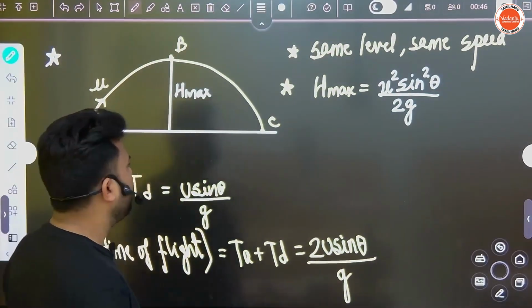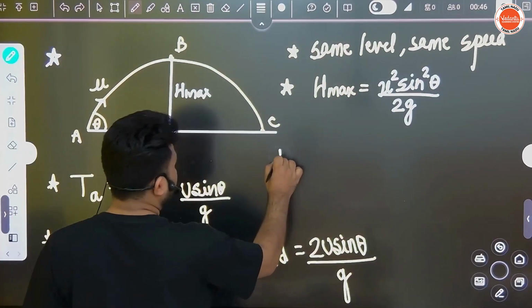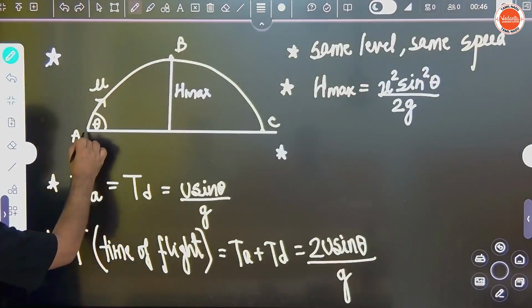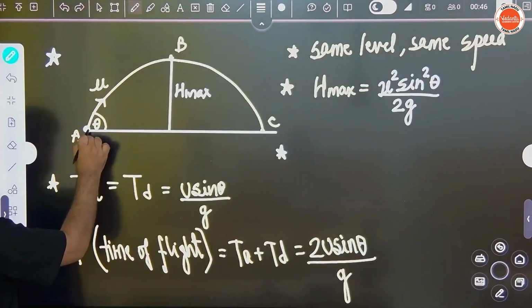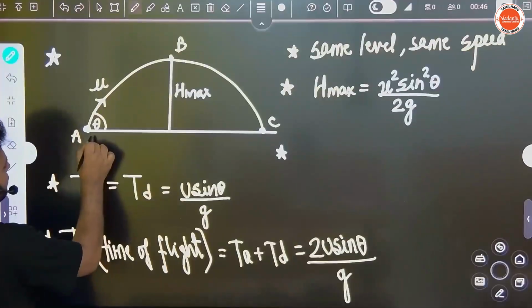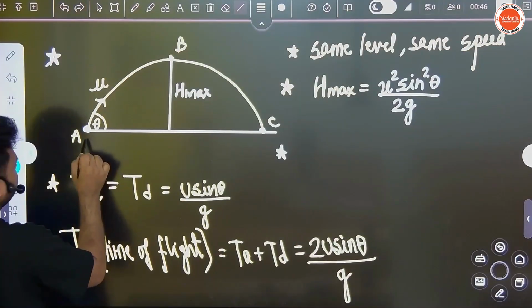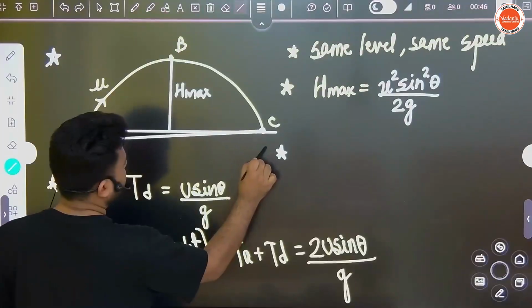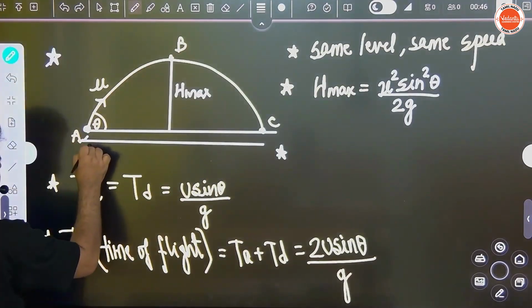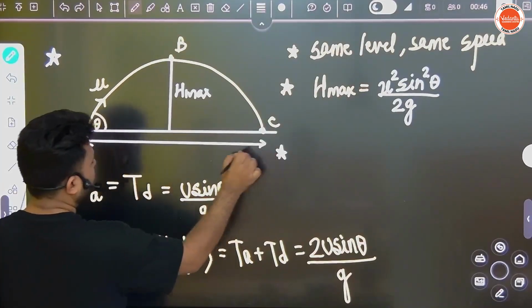Correct? This is the maximum height. One more thing they ask, range. What is range? It means you throw the ball from here and it lands here. This distance, from here to here, is called the range.